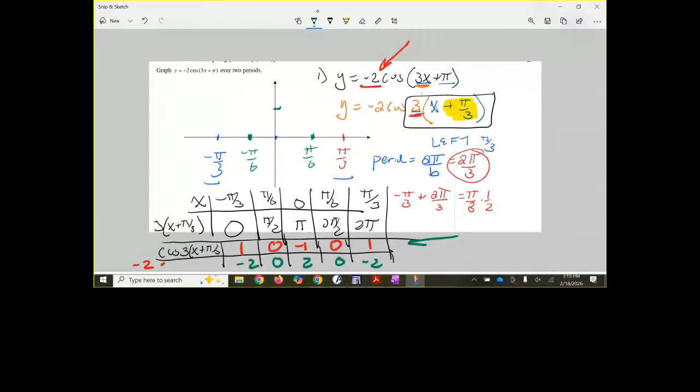So look, y'all, I'm going to go 1 and 2, 1 and 2. And so down here, we were at -2, 0, +2, 0, -2. That's all we got to do.